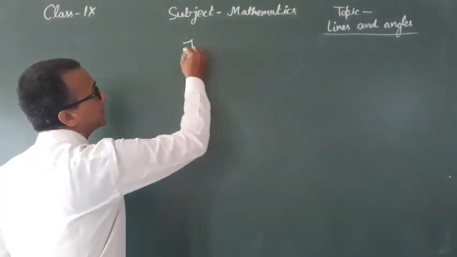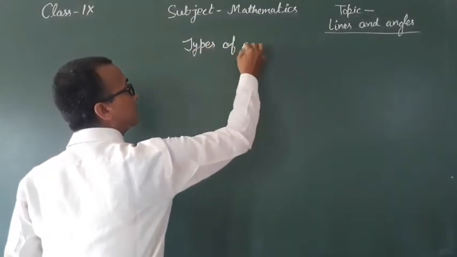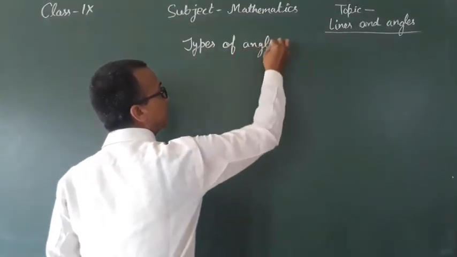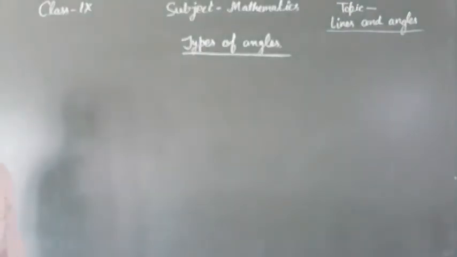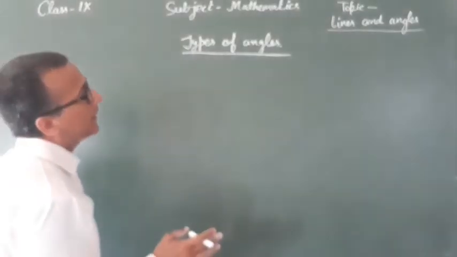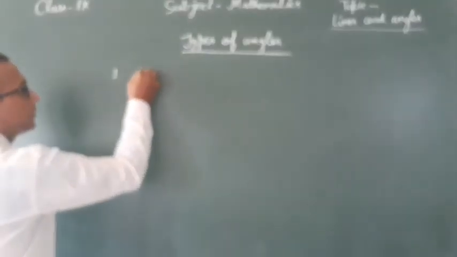Types of angles. As we have discussed that angle is the measure of rotation of a ray, let us discuss how many types of angle there are. First type is acute angle.